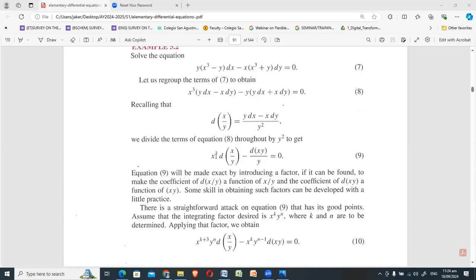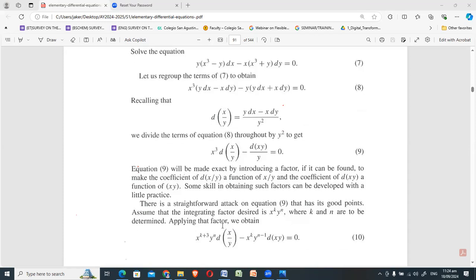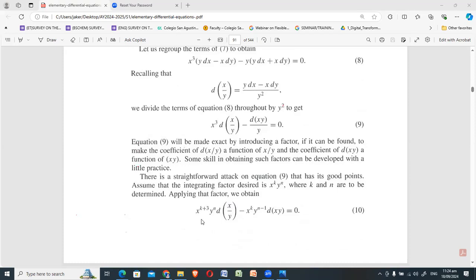Now, for the first term, your y should be negative because it's in the denominator. So you have now x raised to k plus 3, y raised to n, d of x over y, minus x raised to k, y raised to n minus 1, d of xy.